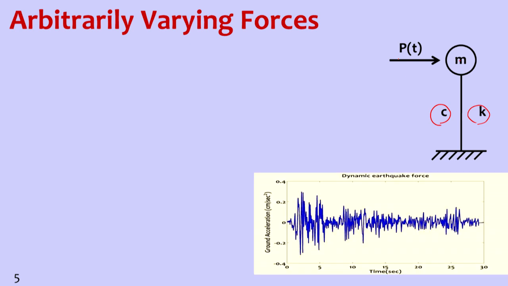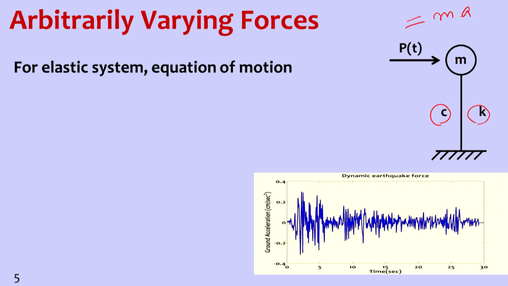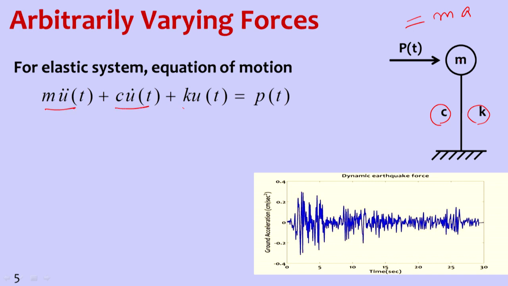If the force is in terms of ground acceleration, that force can be calculated as P is equal to mass times acceleration. If this random force is acting, how do we find out the response? For elastic systems, the equation of motion will be m u double dot plus c u dot plus k u is equal to P of t.